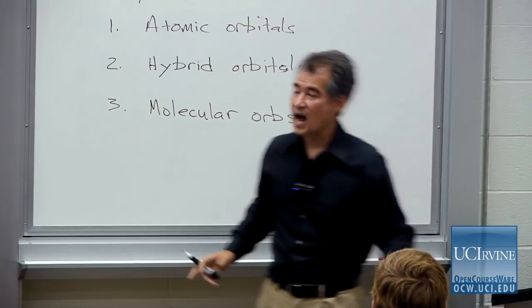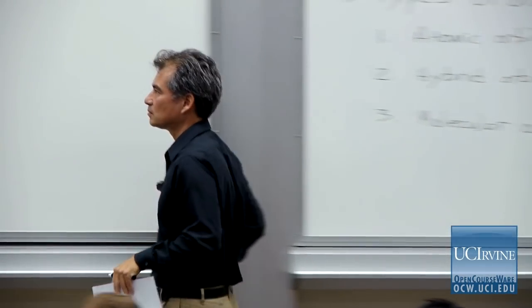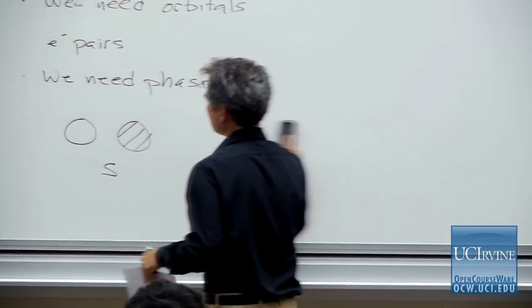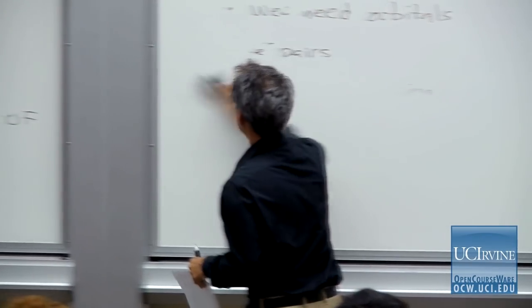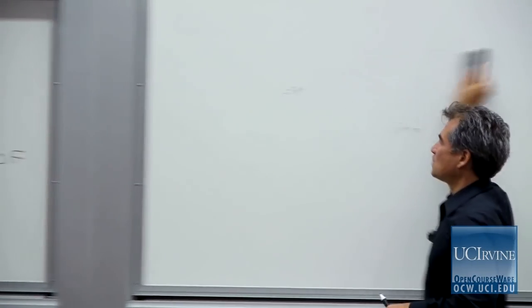Okay, so let's talk about hybrid atomic orbitals. We're done talking about just plain simple atomic orbitals, s, p, d, and f. And let's talk about what happens as we mix together different atomic orbitals.